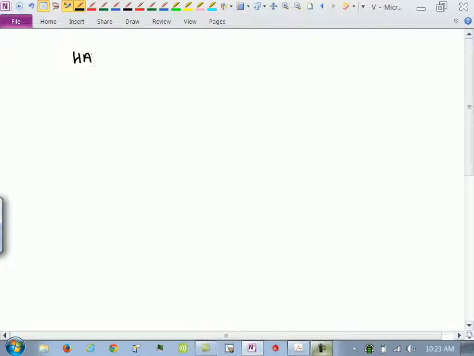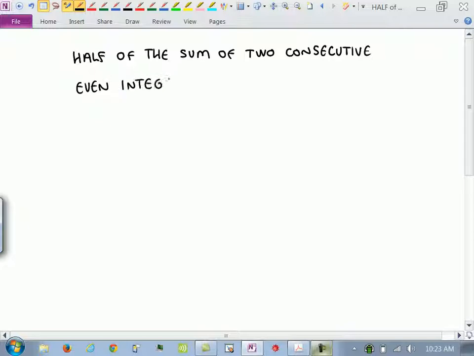Half of the sum of two consecutive even integers is 40. What are they?